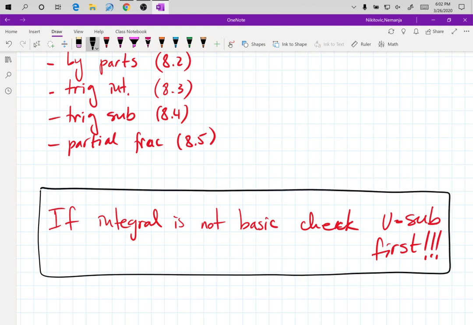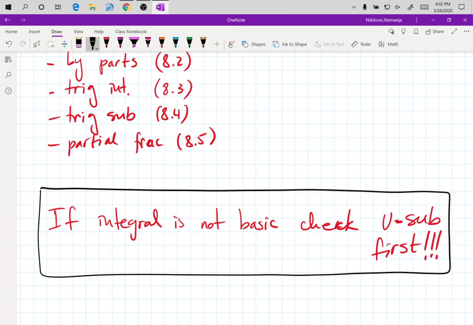U substitution is going to deal with most of the problems. So we definitely want to make sure that the problem is basic, and basic U sub, to make sure that we can. If it's a basic U sub, we can solve it quickly.